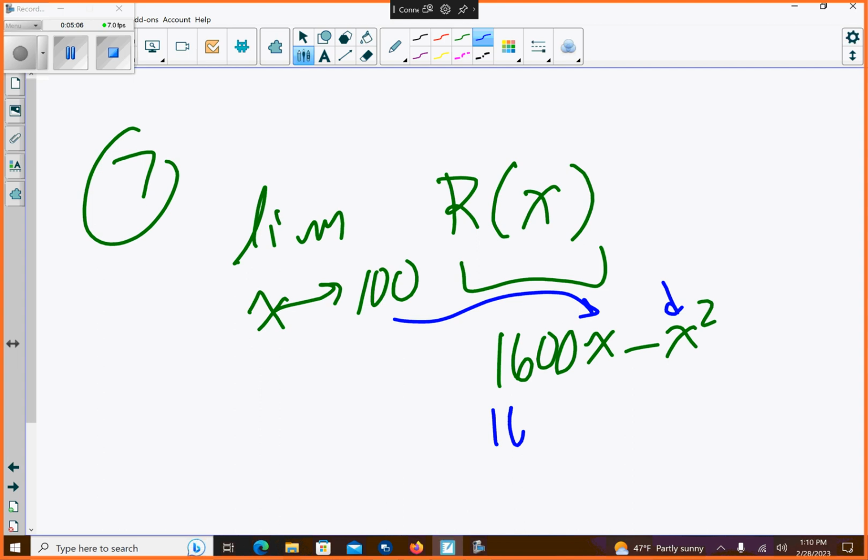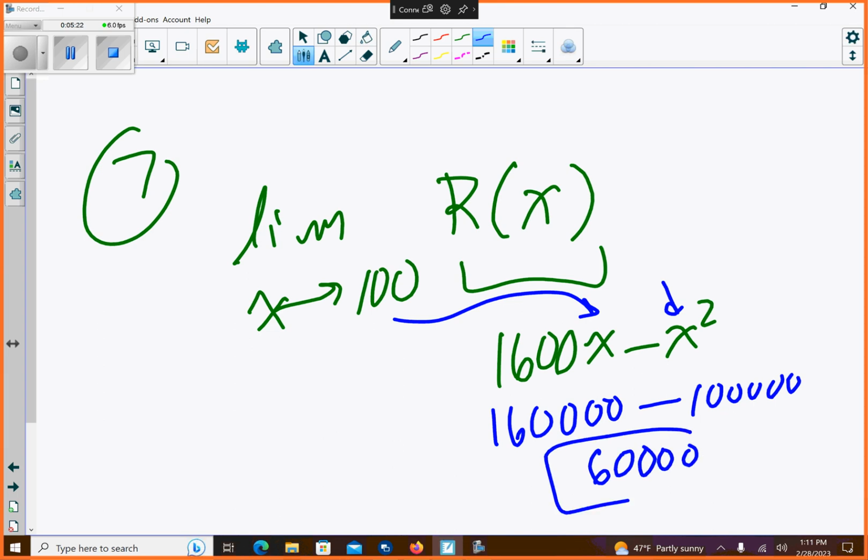So that's going to give me 160,000 minus 100,000. So the limit here is 60,000 is the revenue. I just could directly plug it in to get the limit because I didn't have any denominators or any square roots or things like that.